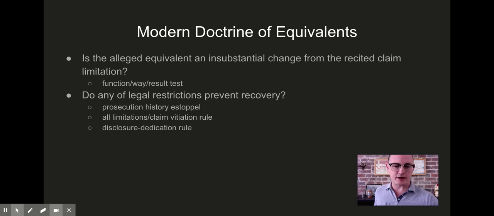In addition, the all limitations claim vitiation rule says that all limitations of the claim have to be satisfied, and the disclosure dedication rule says that if you disclose something in a patent document without claiming it, then whatever you've disclosed without claiming is dedicated to the public domain. And we'll talk about all of those more in a moment.